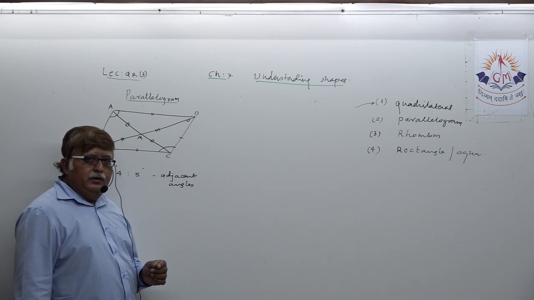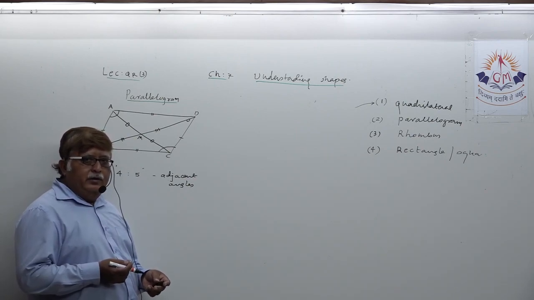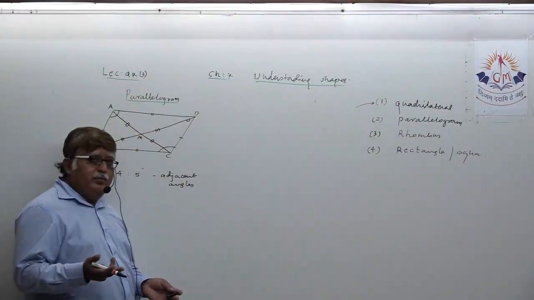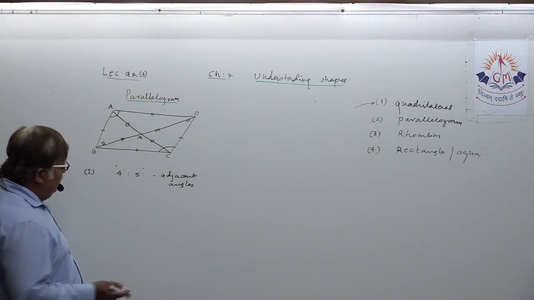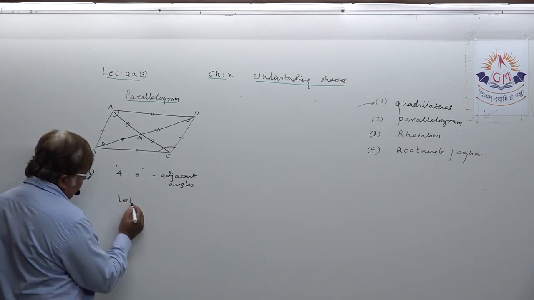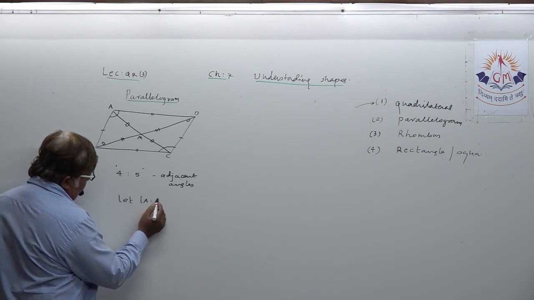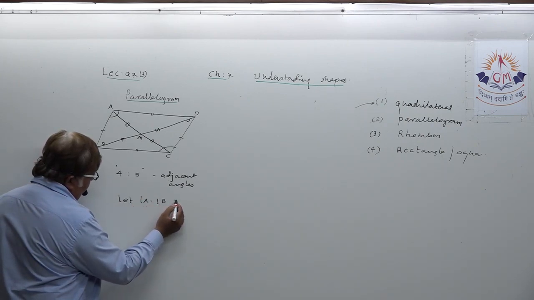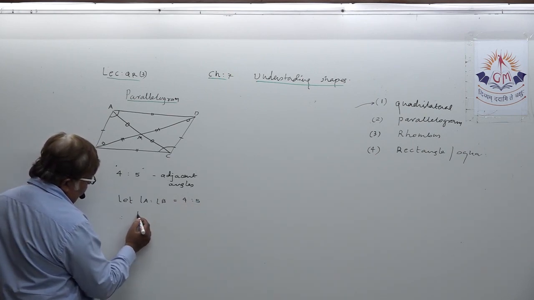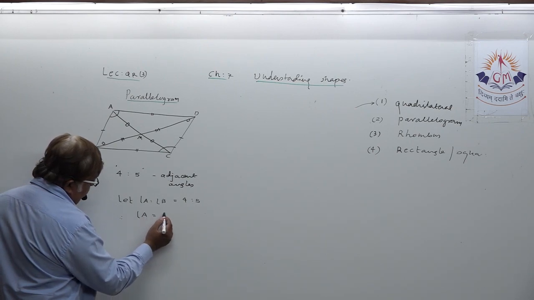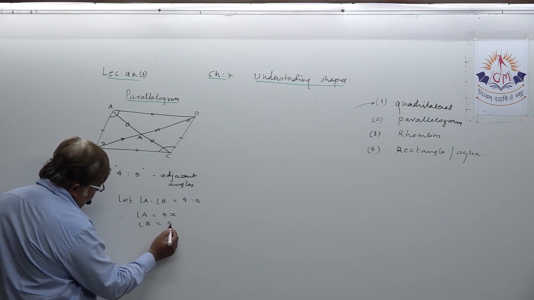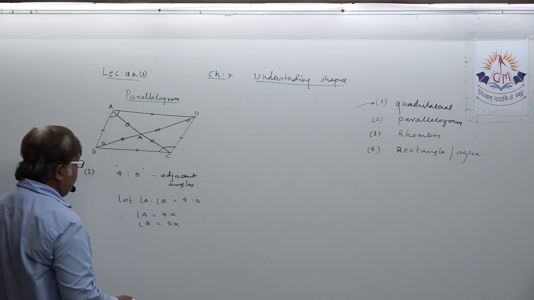Two adjacent angles, that means you can target any pair, either AB, BC, CD or AD. Let us be customary. We will target angles A and B. Can you write this way? Let angle A is to angle B equal to 4:5. Therefore, as you know, A will be equal to 4x and B will be equal to 5x.